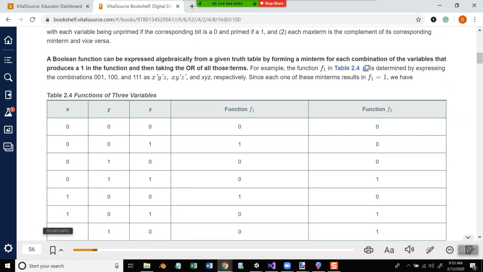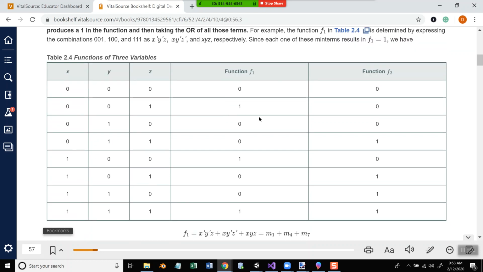A Boolean function can be expressed algebraically from a given truth table by forming a minterm for each combination of variables that produces a 1 in the function, and then taking the OR of all those terms.